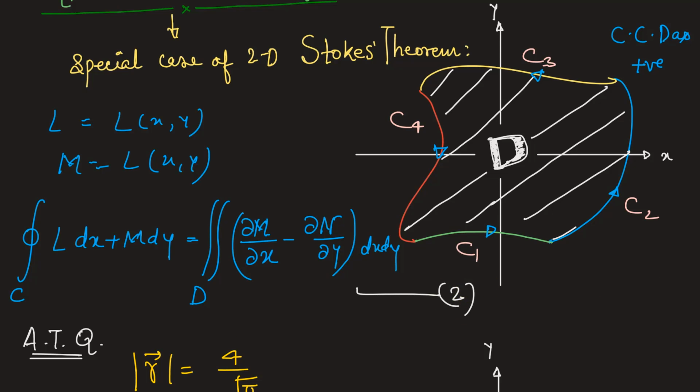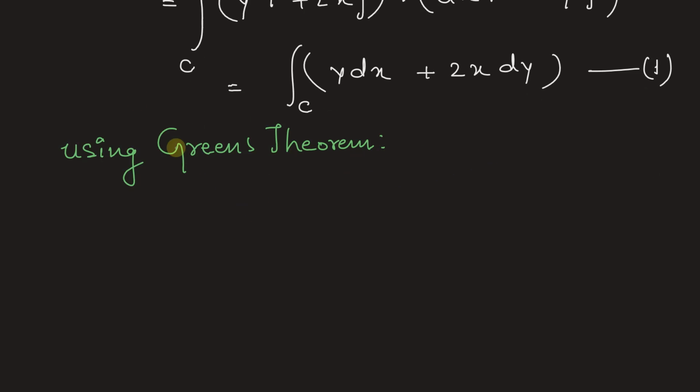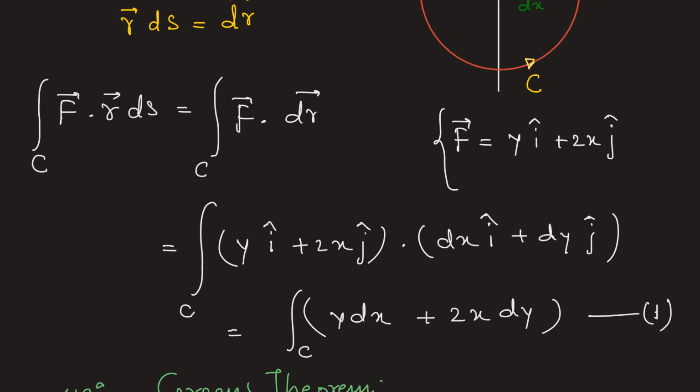From equation number 1 and 2, let's write here using Green's theorem. We can write equation number 1 as, on the left hand side, y dx plus 2x dy. This will be equal to the surface integral over the surface A, which is the circle in this case.